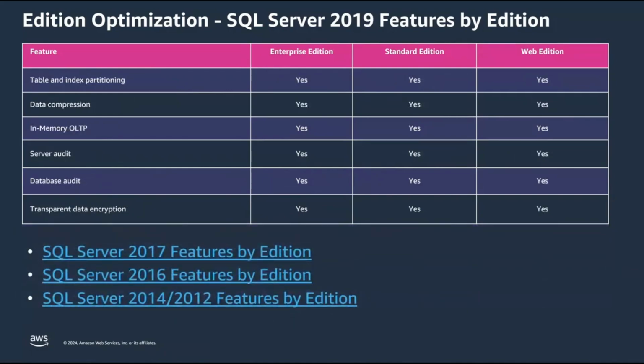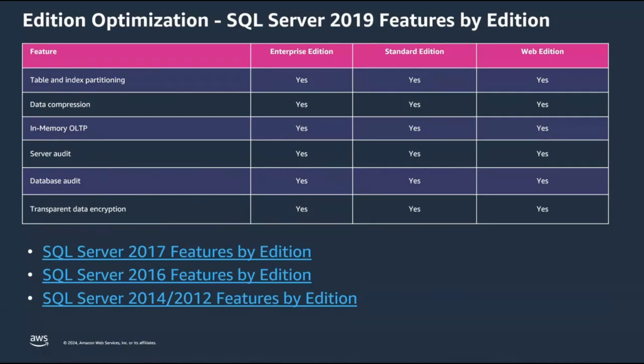Here I have some links to previous versions of SQL and which features come in Standard, Enterprise, and so on, for your reference. In general, what I encourage my customers to do is move to 2019, keep the compatibility level as it was so you don't have to modify your apps, and then downgrade to Standard.